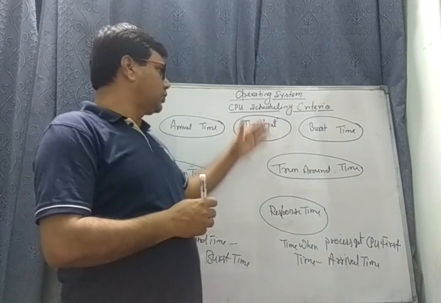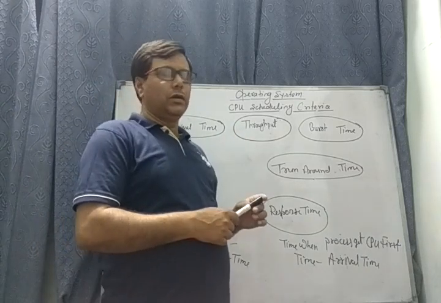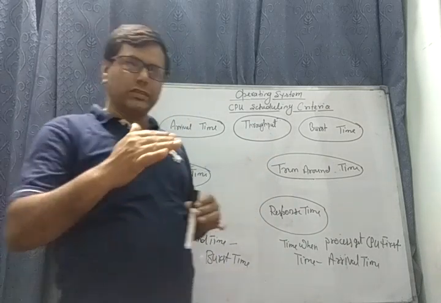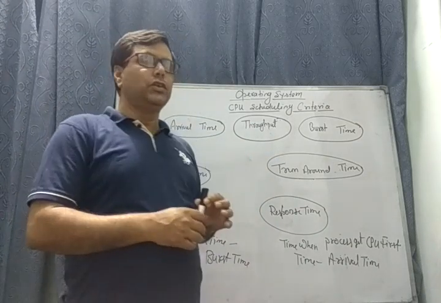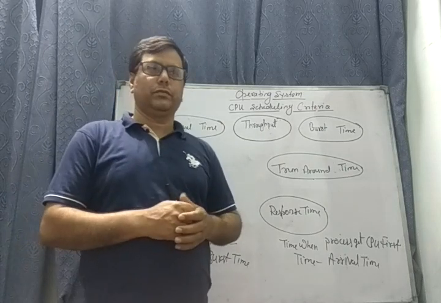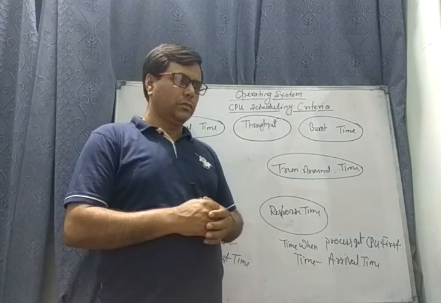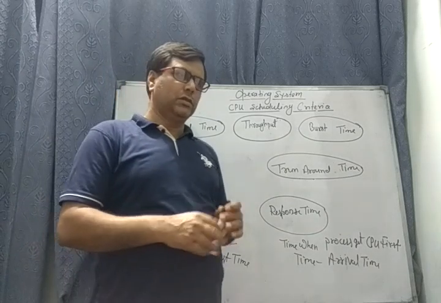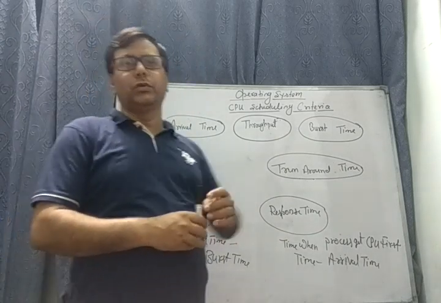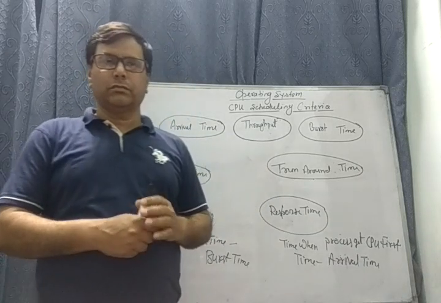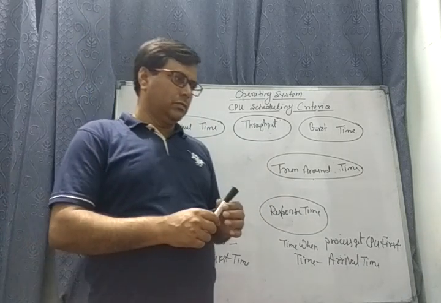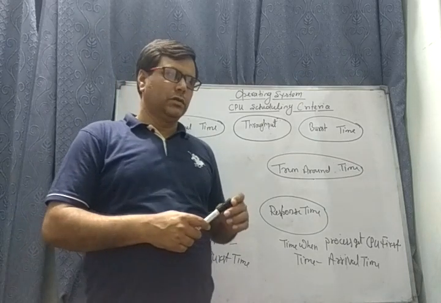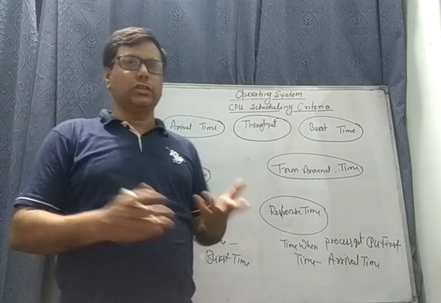First criteria is throughput. Here throughput refers to the number of processes executed in unit time. For example, if the unit is a second, then how many processes are executed by the CPU in 1 second? Assume 20 processes are executed in 10 seconds, then throughput is 2.